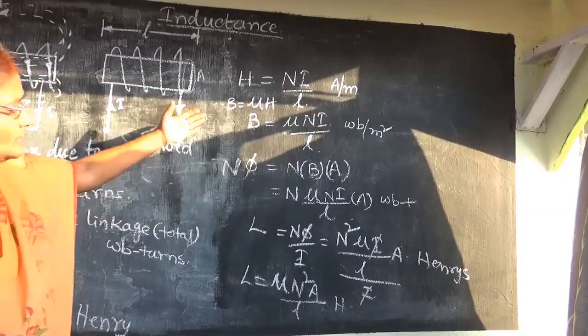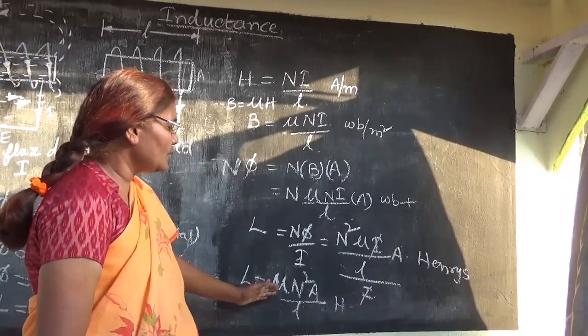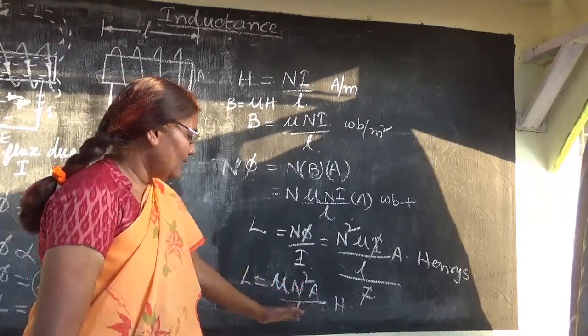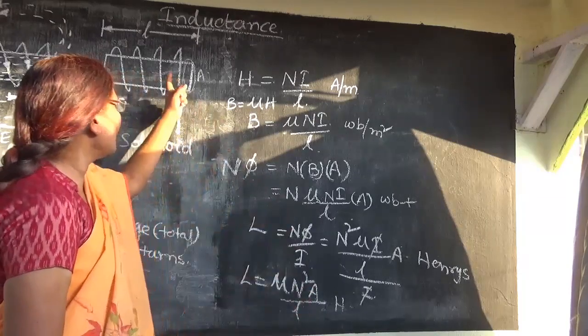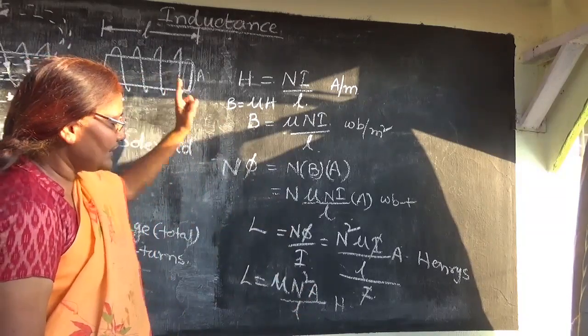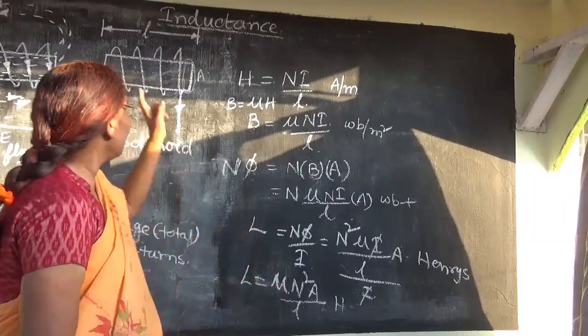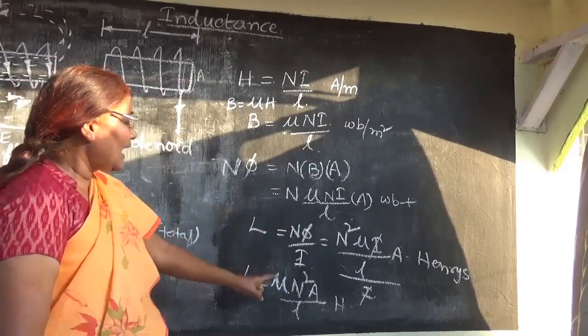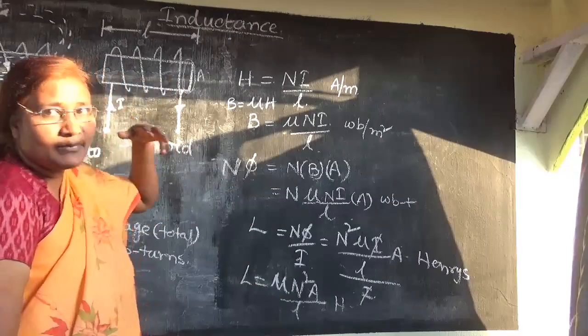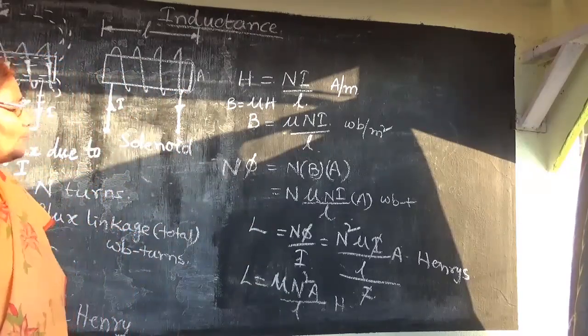So with this we will get L is equal to mu N square A by L, where A is the area of the material on which the coil is wound, L is the length of that material, N is the number of turns, and mu is the medium in which the material is placed.